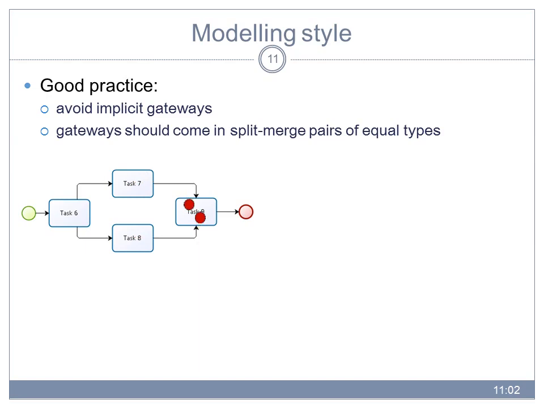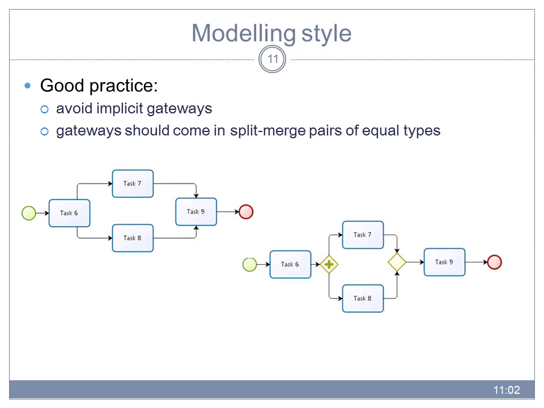If you would use explicit gateways, it will be this model, with an AND split after task 6 and an XOR join after 7 and 8 and before 9. The latter model with the explicit gateways is much clearer. It clearly shows what the behavior of the process will be, so avoid using implicit gateways, always use explicit gateways.